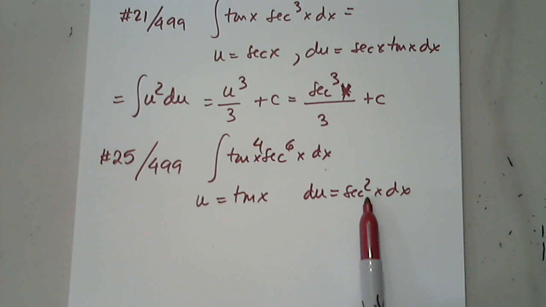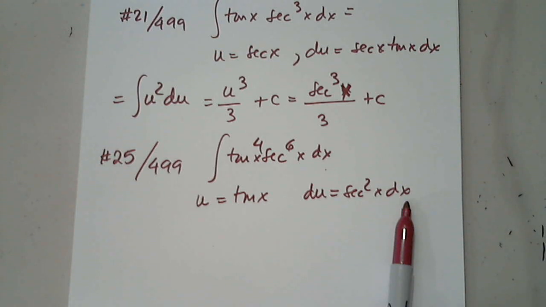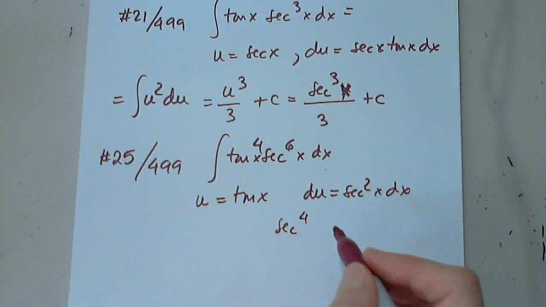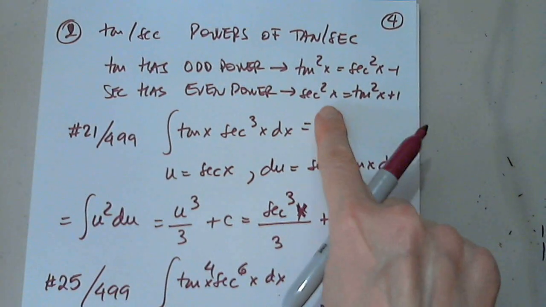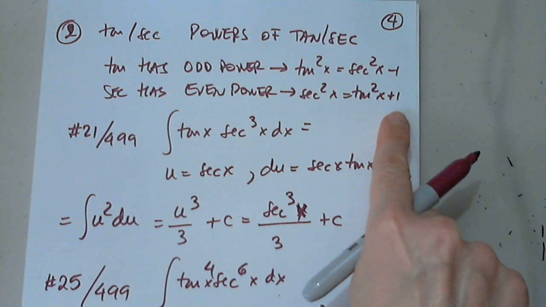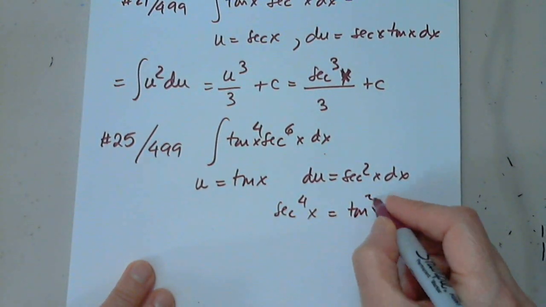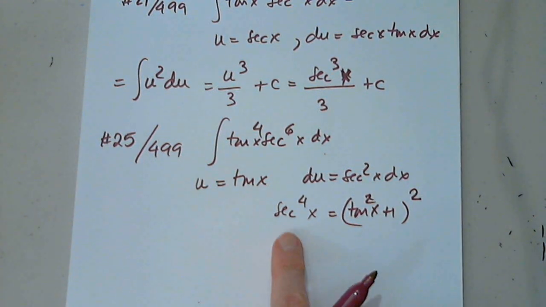I borrowed 2 out of 6 for secant squared dx, but I still have a secant to the fourth. But remember what we said, that secant squared is tangent squared plus 1. So this will be tangent squared plus 1, but everything squared because it's secant to the fourth.